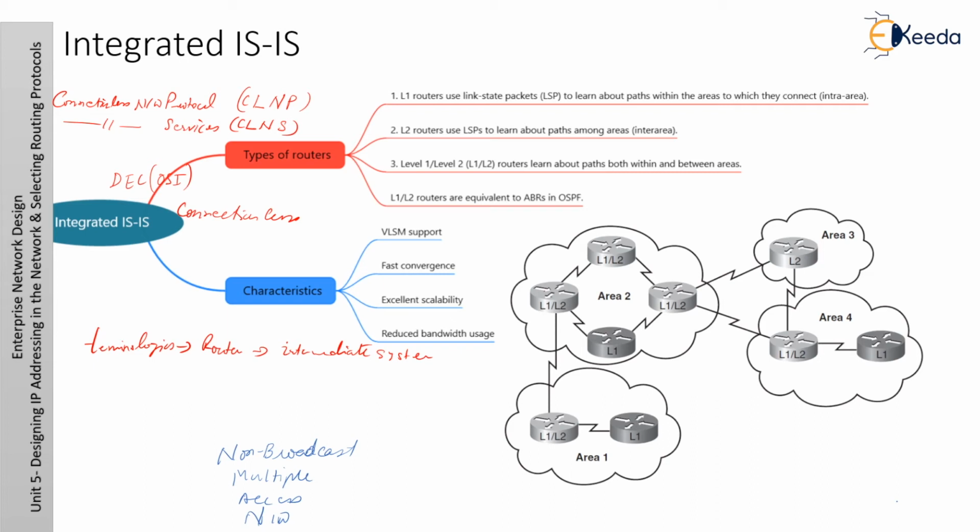Thus, ISIS is a router-to-router protocol allowing routers to communicate with other routers. ISIS routing takes place at two levels within an AS, autonomous system: level 1 and level 2.